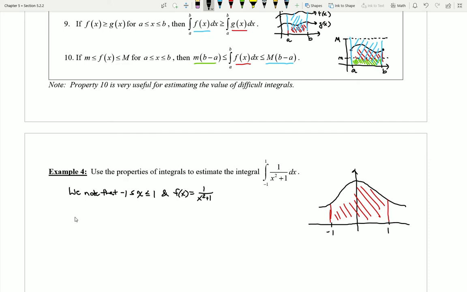I'm going to start with the thing that I know, which is the interval of x's that I'm working on. And much like we did with our squeeze theorem, actually, way back in our first chapter, we said maybe what I could do is take this and begin to manipulate it, so that way the inside piece starts to look like my function, f of x.